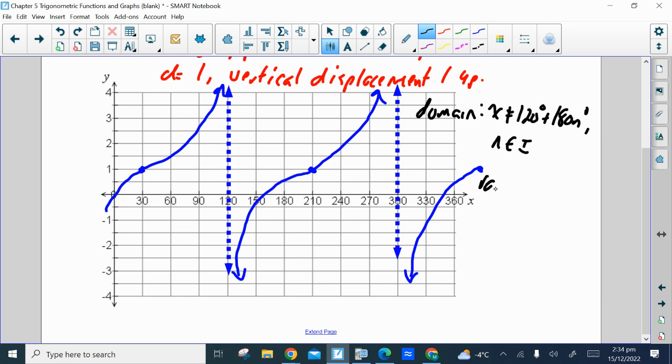And our range hasn't changed either. We're still going up and down forever from negative infinity to positive infinity. Okay?